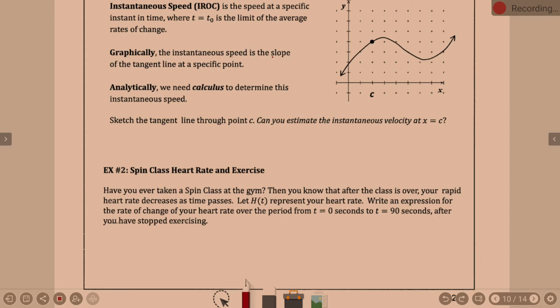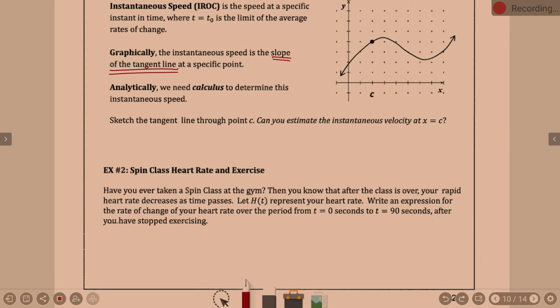So we're going to have to talk about a tangent line here. Analytically, we'll learn more calculus to determine the instantaneous speed, but for right now, we're going to talk about the slope of this tangent line.